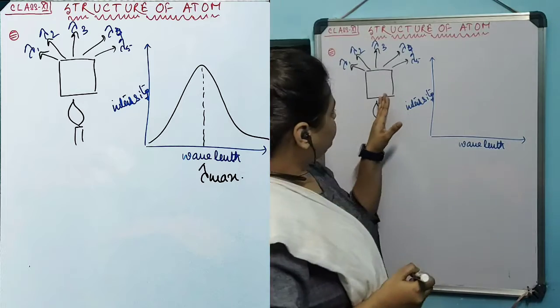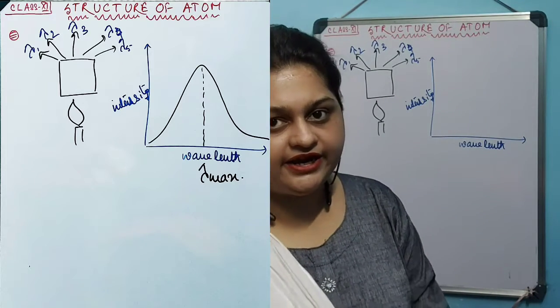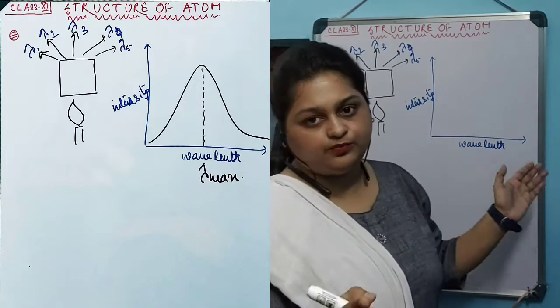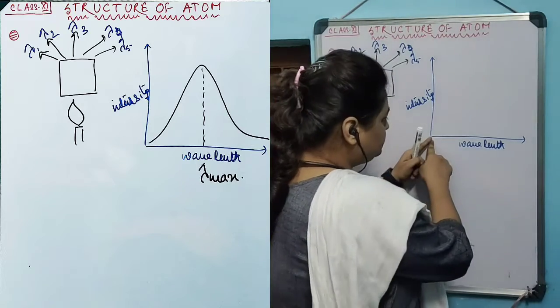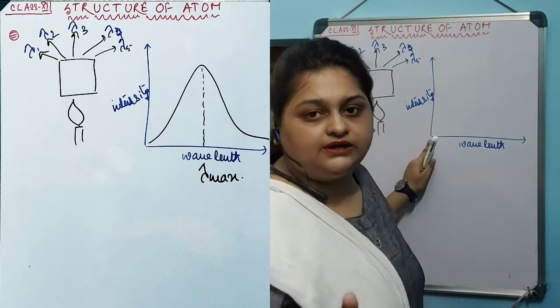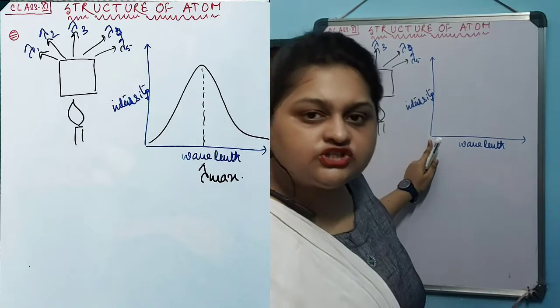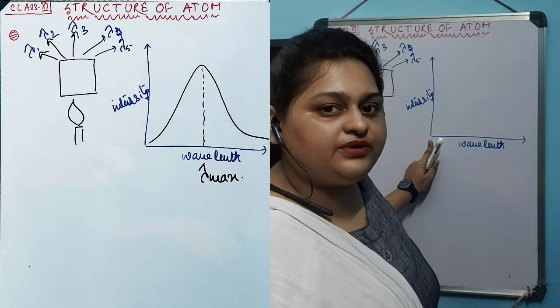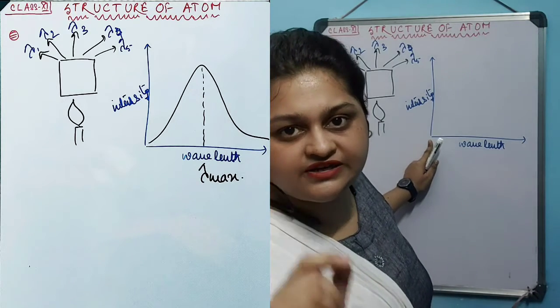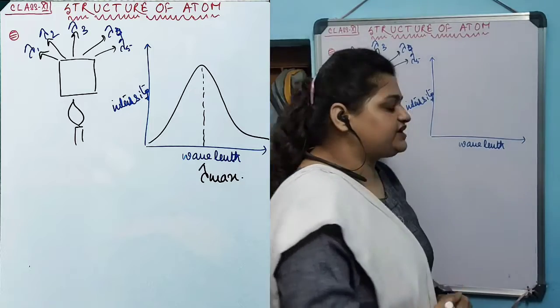Now a material body is getting heated and it is emitting all possible wavelengths from 0 to infinity, all of them. But the emission of all wavelengths is not happening with equal intensity.